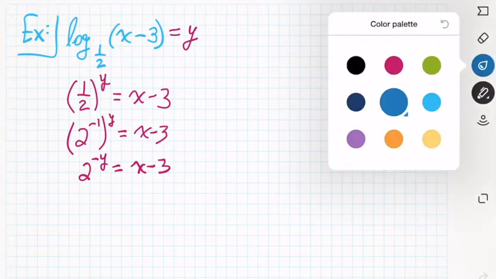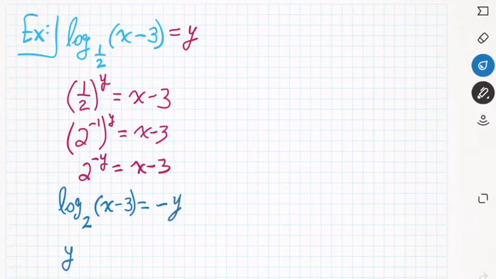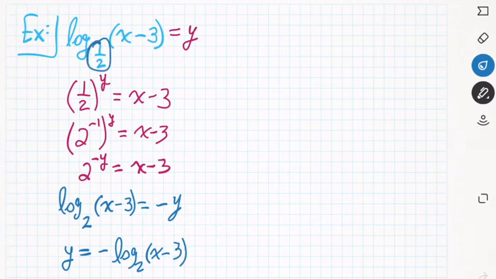If I change it back into logarithmic form, we're going to get log base 2 of x minus 3, remember it's the opposite side of the equation, is equal to negative y, which is the same thing as graphing y equals negative log base 2 of x minus 3. So having the 1/2 up here at the top is exactly the same as a negative in front of the log when you change the base into its reciprocal.